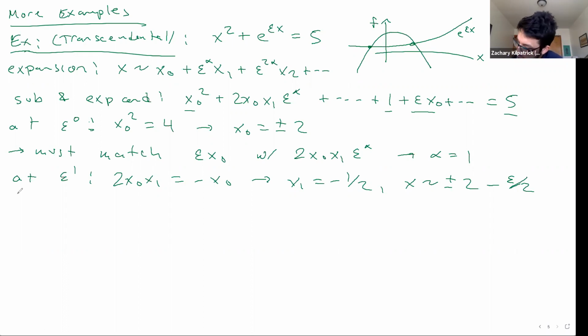All right. So let's look at the iterative procedure for this, just for comparison. So let's say that I want to create a map. I can move the exponential over to the other side and take a square root, and I would get x_{n+1} equals the square root of 5 minus e to the epsilon x_n.